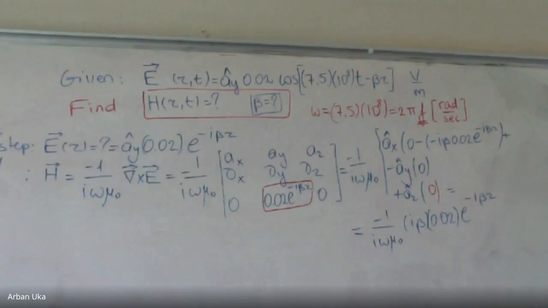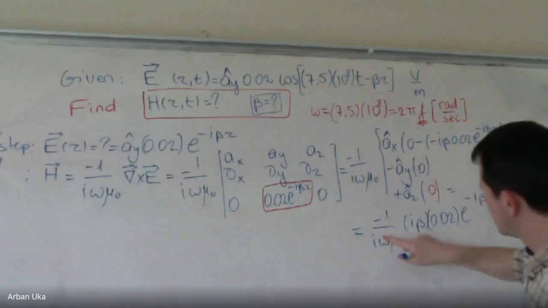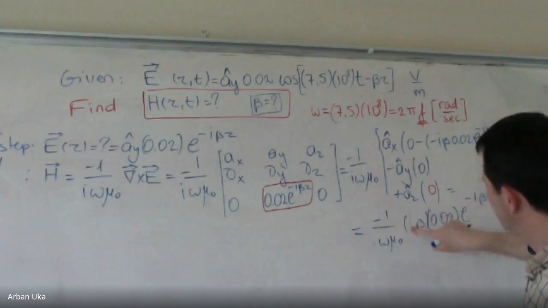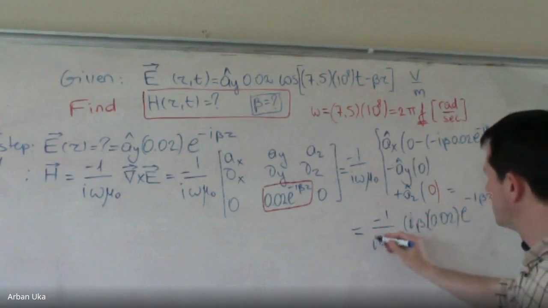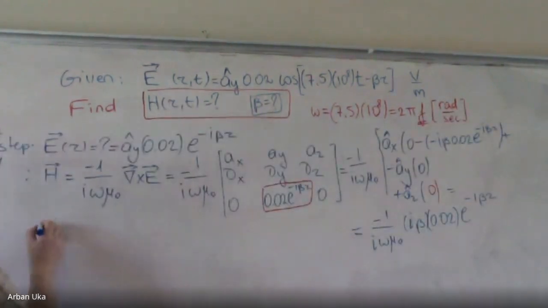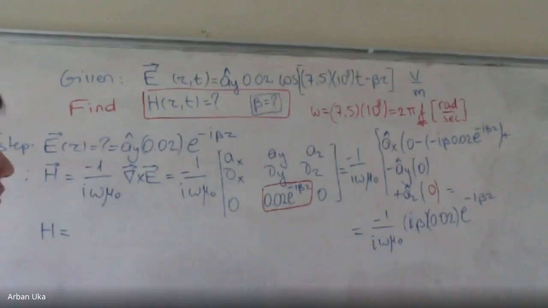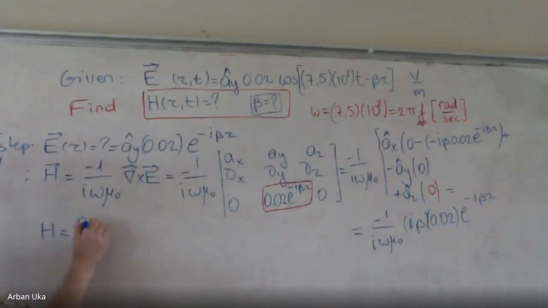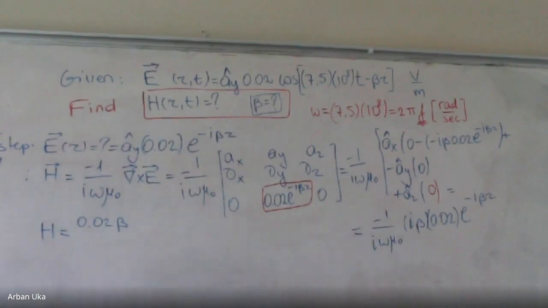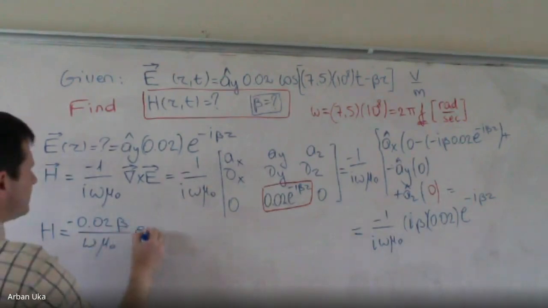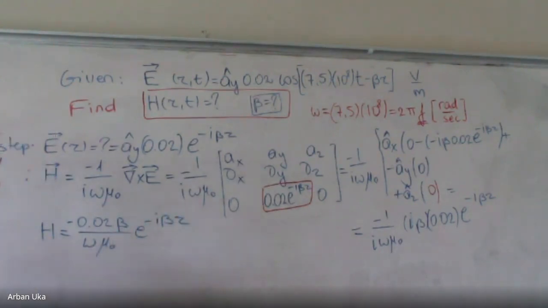So we found the H. Now we can cancel out the j's, and H is equal to 0.02 beta divided by, we need the minus, omega times the permeability mu 0, e to the power minus j beta z. So this is the H.